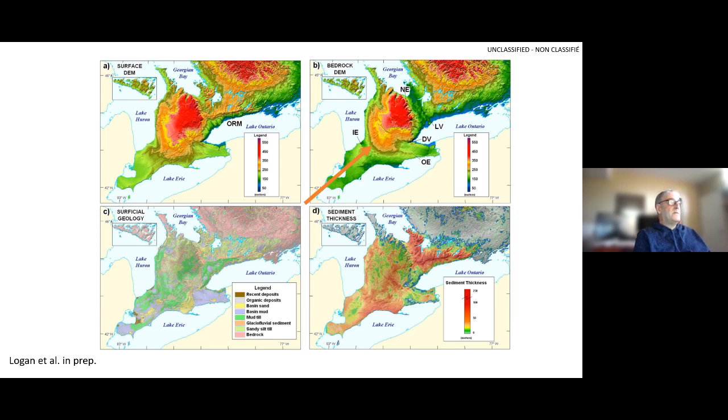Then the sediment thickness shows complex sedimentation highlighted before by OGS with a lot of borehole data. And we have done lots of seismic survey too. The superficial geology is also related with all these surveys.